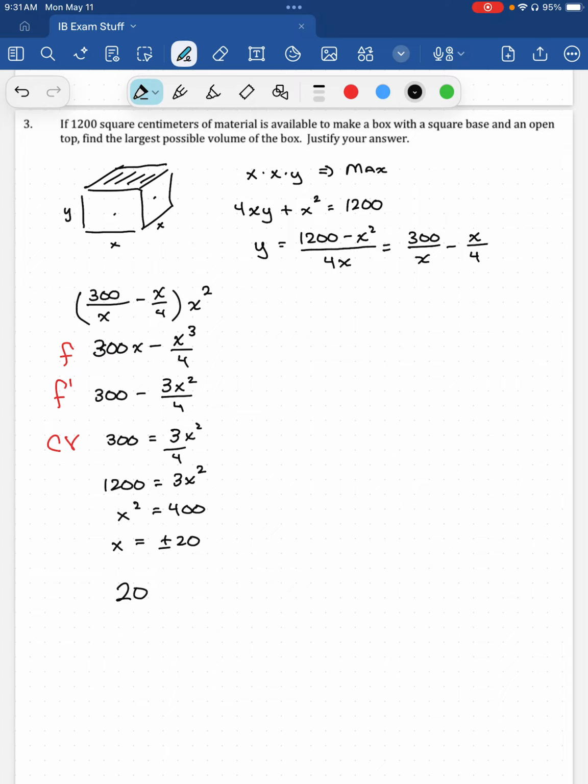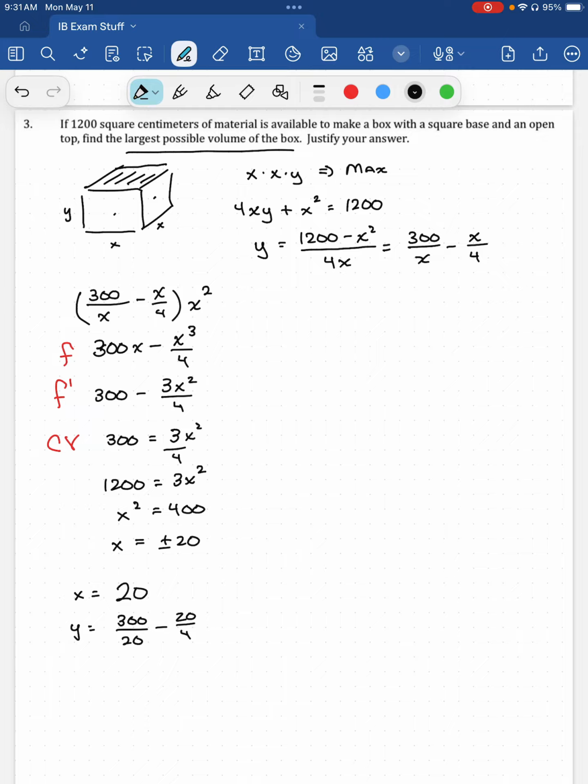Now, there's two things we need to do. We need to find the largest possible volume of the box. So that means we need to find y and finish the dimensions, and we need to justify our answer. So if x is 20, y is 300 over x minus x over 4. So y is 300 over 20 minus 20 over 4.